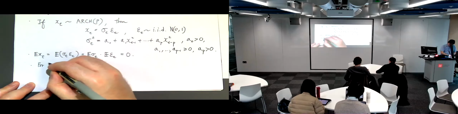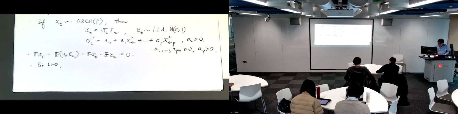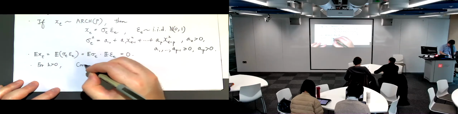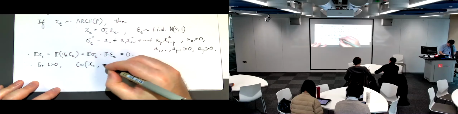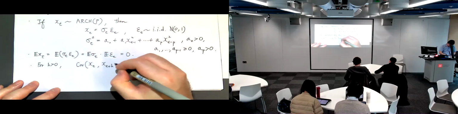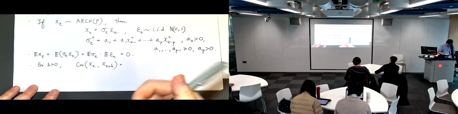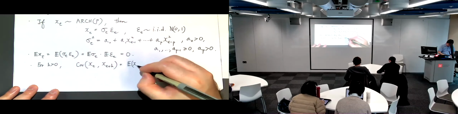Now, how about the autocovariance characteristics? Well, if you consider lag h larger than 0, and then consider X_t and X_{t+h}, what do you have? Well, mean is 0, good. So covariance is just expectation of the product.